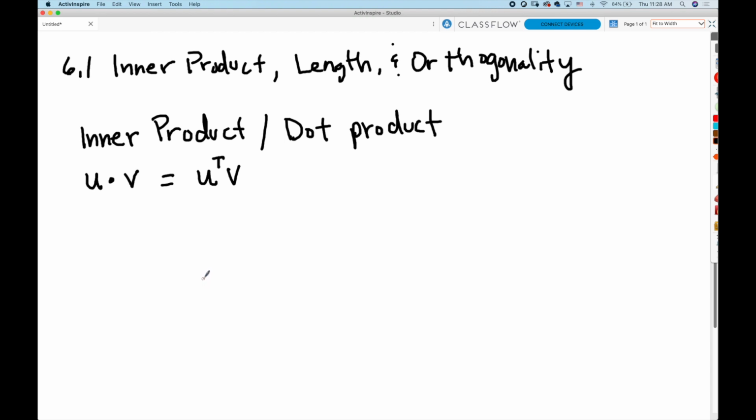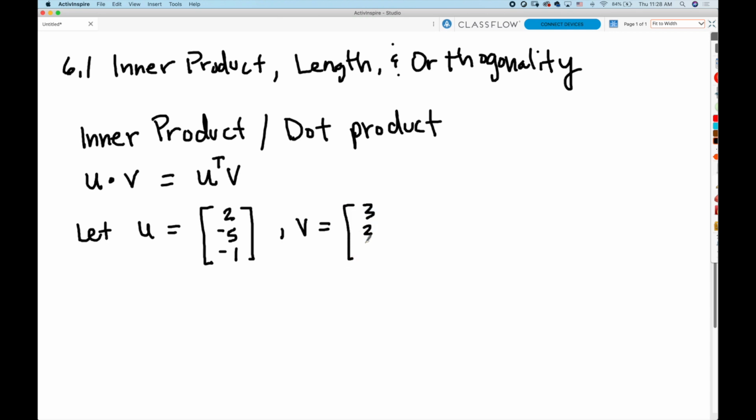Okay. Quick example. Let's let U be the vector 2, -5, -1. And we'll let V be 3, 2, -3.